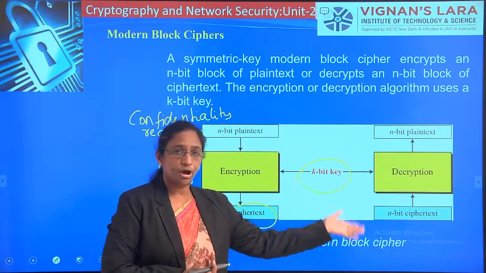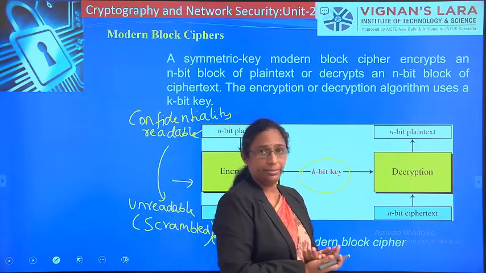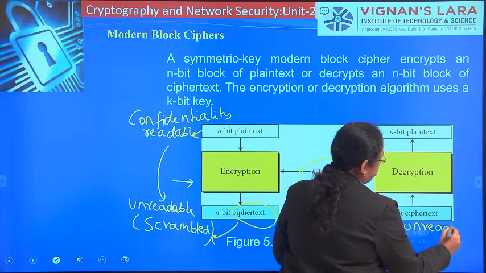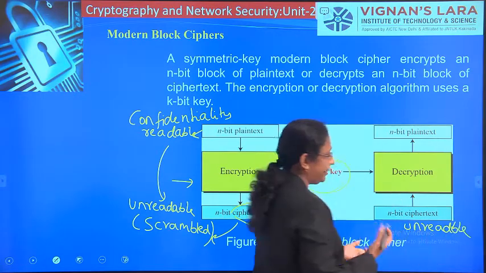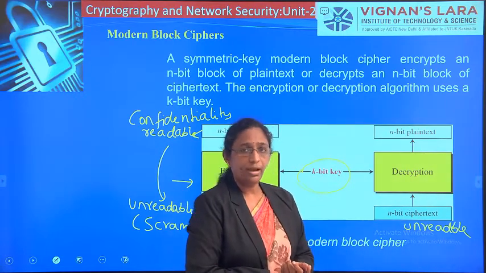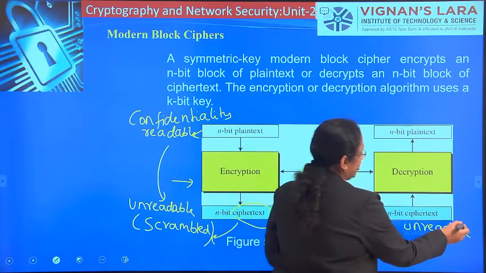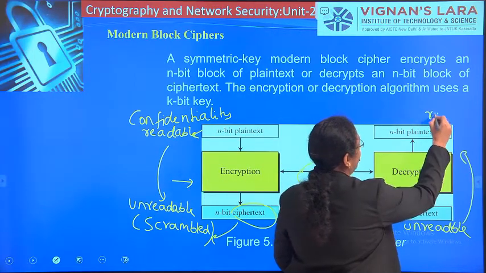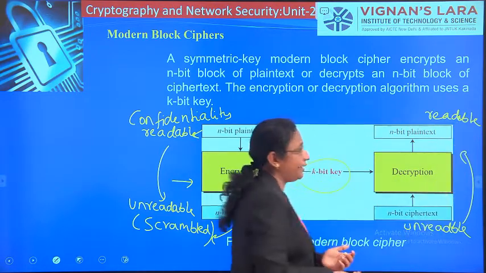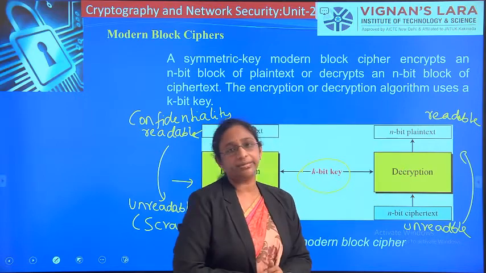Now the receiver takes that unreadable message and does the decryption process, by which the unreadable message is converted into readable data, and then the receiver can read the message.